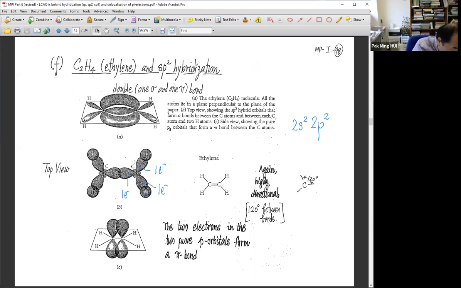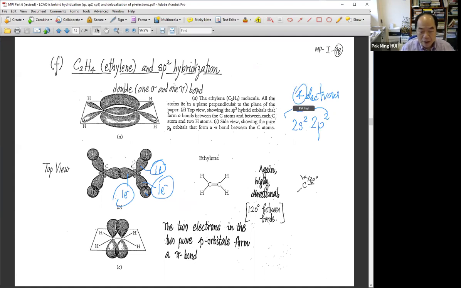But there are 4 electrons in this 2s2 2p2. So what happened to the remaining one? You have 1, 2, 3 accounted for, and there is a 4th one.